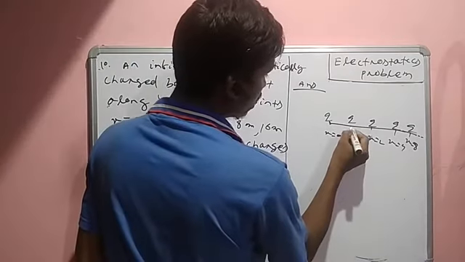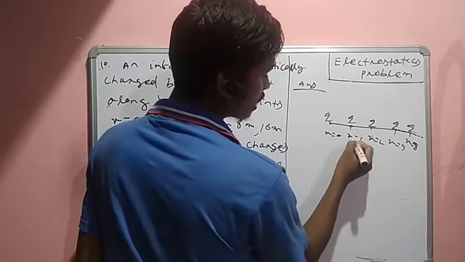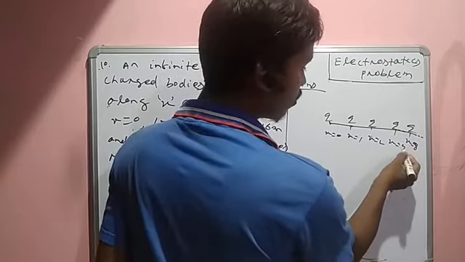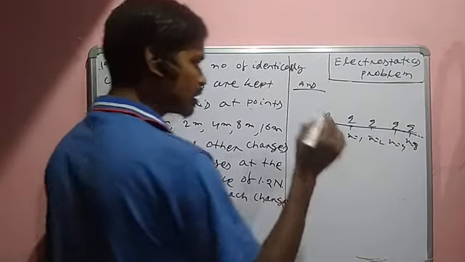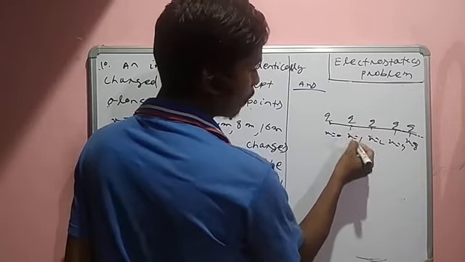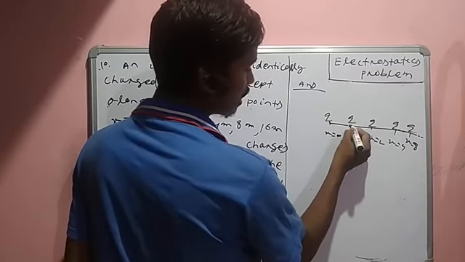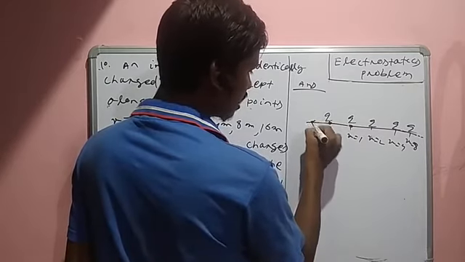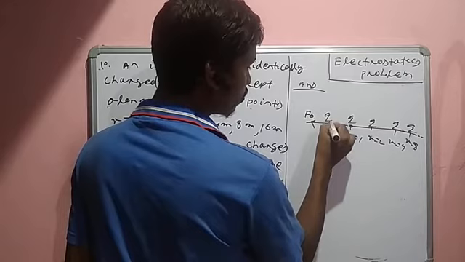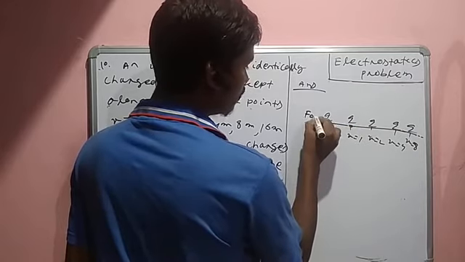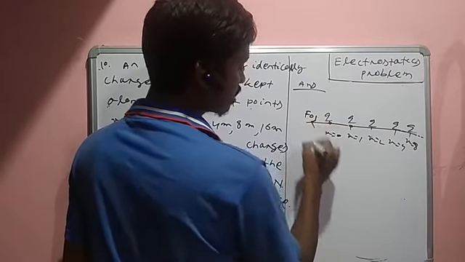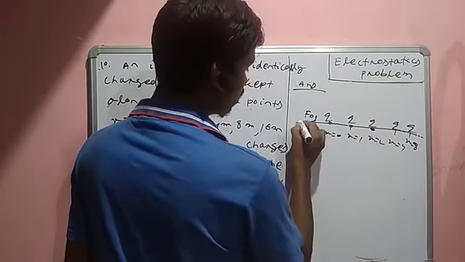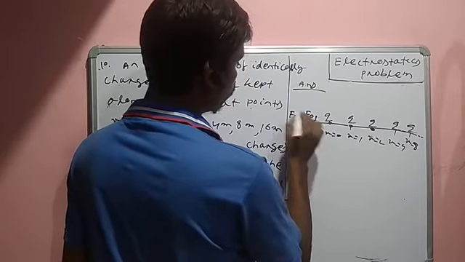That means due to the x = 1 point, charge is q, x = 2 point, charge is q, x = 4 point, charge is q. Similar charges. First of all, due to the 1 point charge, the force acting on this is in this direction, that is F01. This is point 0, this is point 1. Due to x = 2, the force is F02.